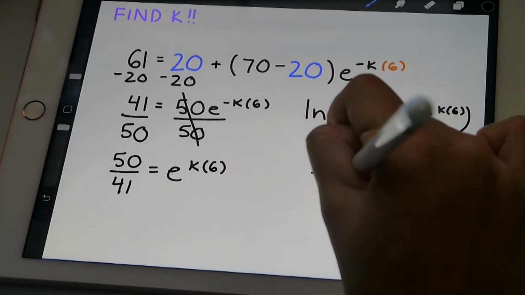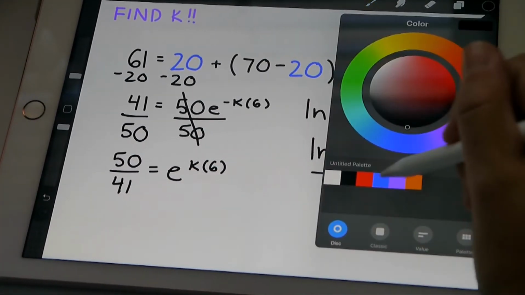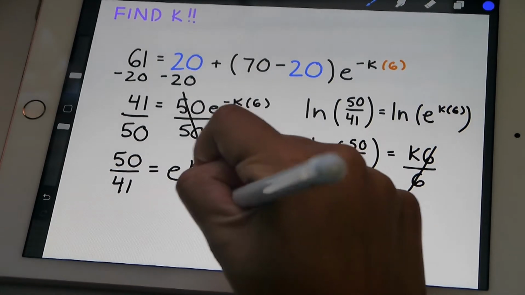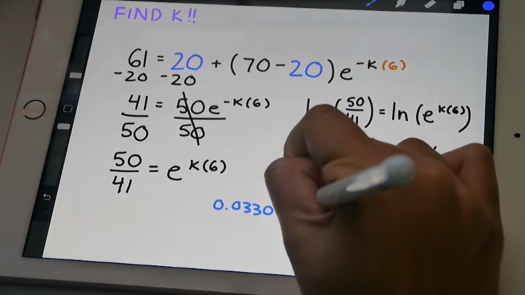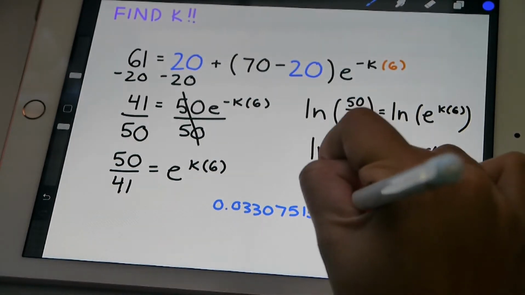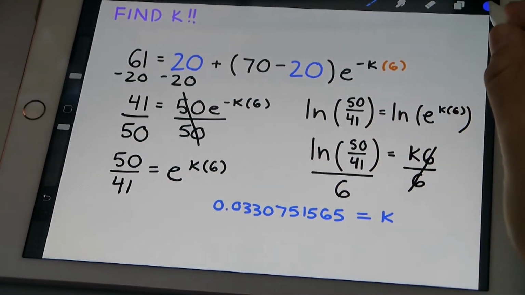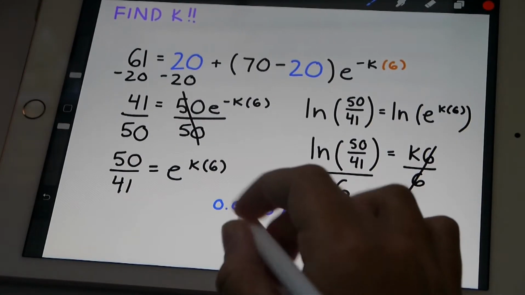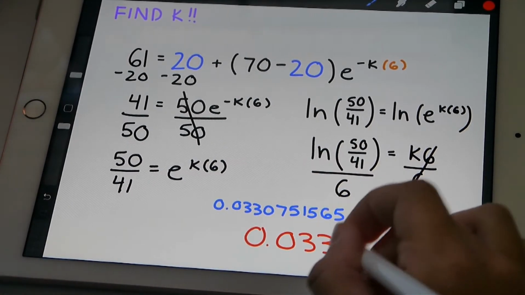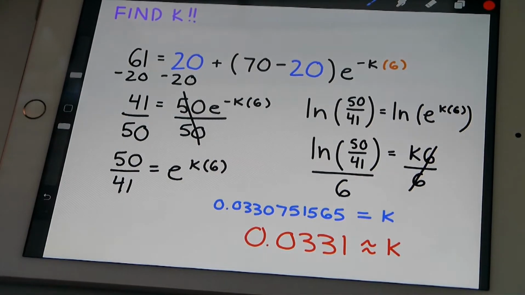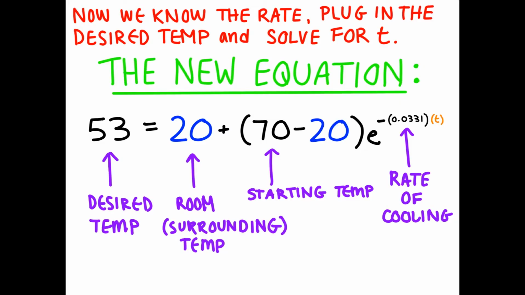Taking that to your graphing calculator, you should end up with 0.0330751565. But because this is in terms of rate, we're just going to round it to 4 decimal places, which is 0.0331.